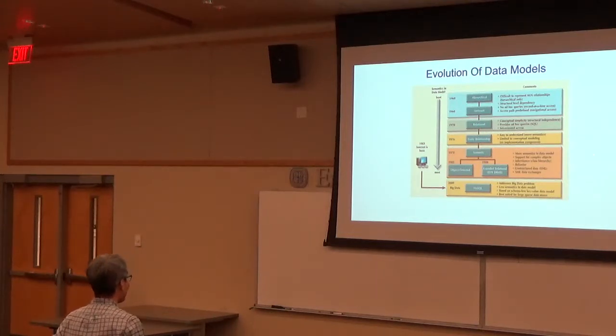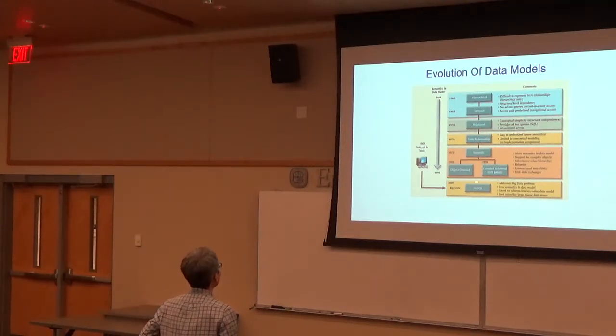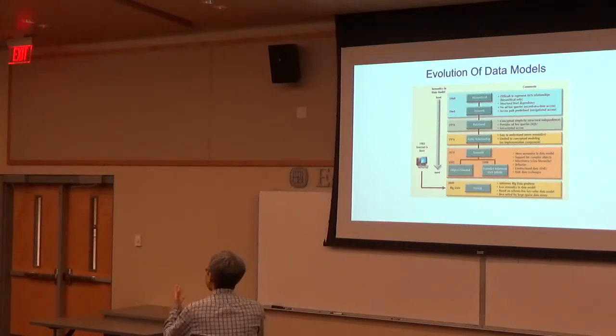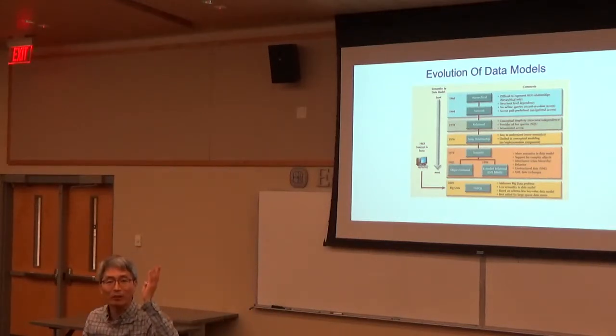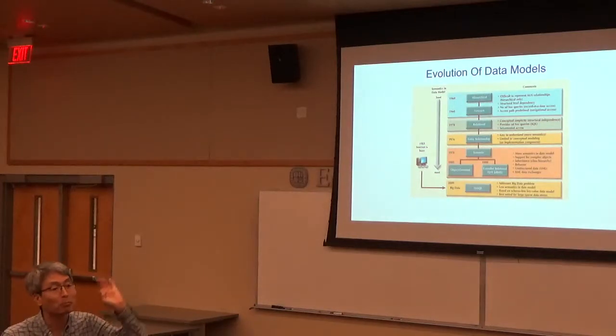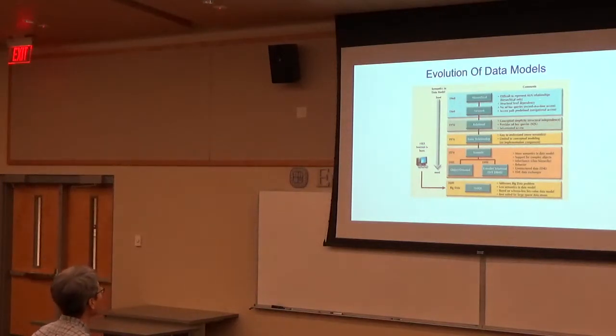Then, after this, with the help of the internet and so on, our data structure became varied. It's more flexible, like XML or some document markup language, and also the object-oriented concept. So it's at a more semantic level.